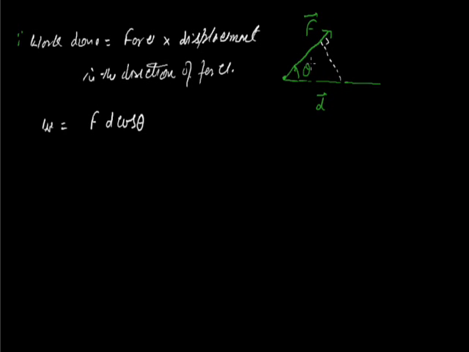This angle is theta, so that will be D cos theta. Or we can also write this as F dot D, number one.